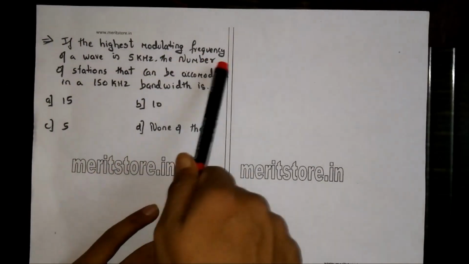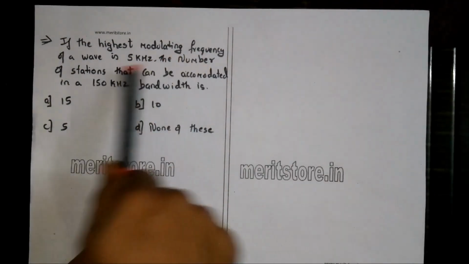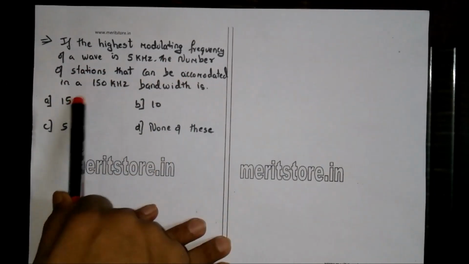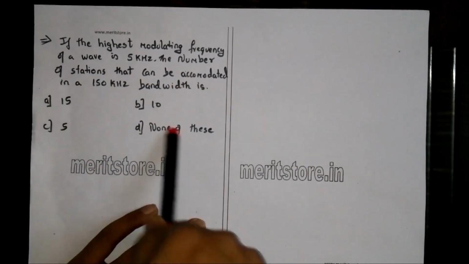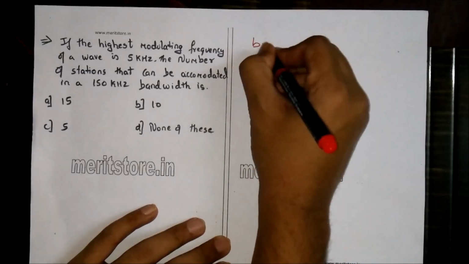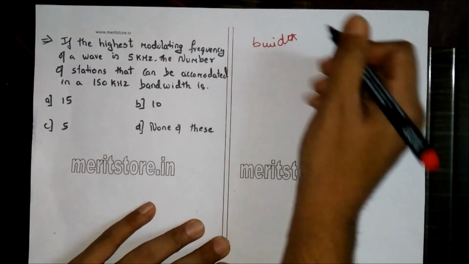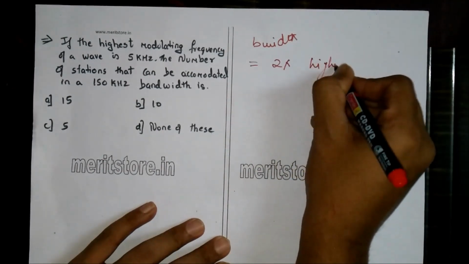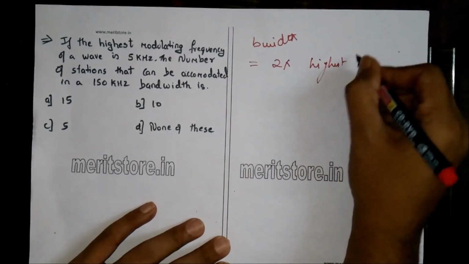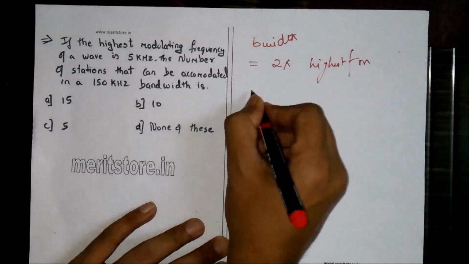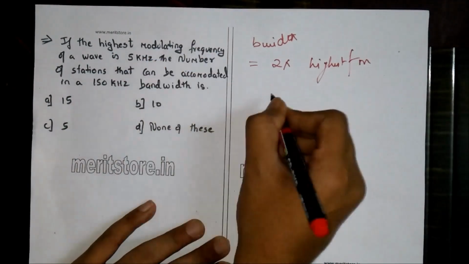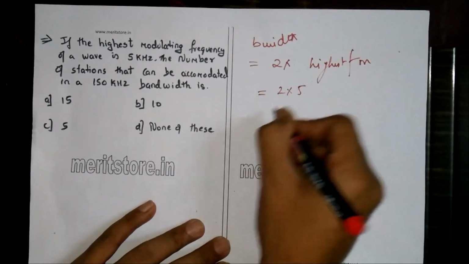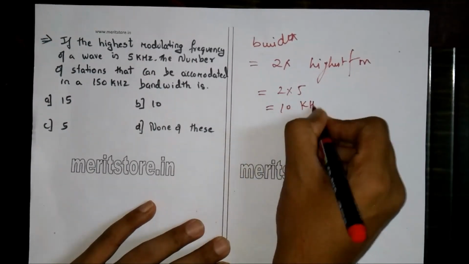The highest modulating frequency of a wave is 5 kHz. The number of stations that can be accommodated in a 150 kHz bandwidth is, here are the options. Now, the bandwidth of the wave per station will be equal to 2 into the highest modulating frequency, which here is 5 kHz, so it will be equal to 2 into 5 kHz, which is equal to 10 kHz.